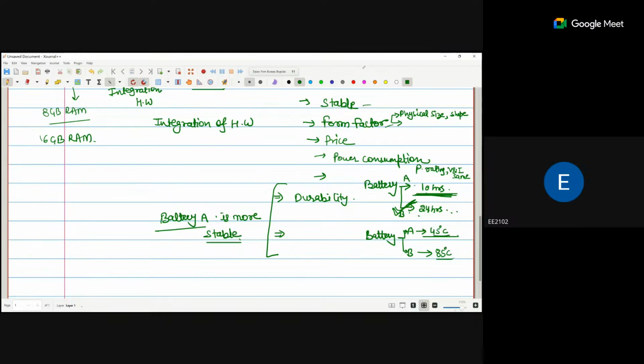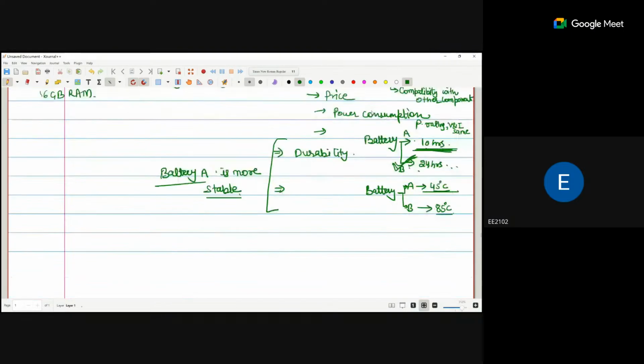What is the layout of the hardware? And the last one is compatibility with other components. Okay, fine. Any doubt?